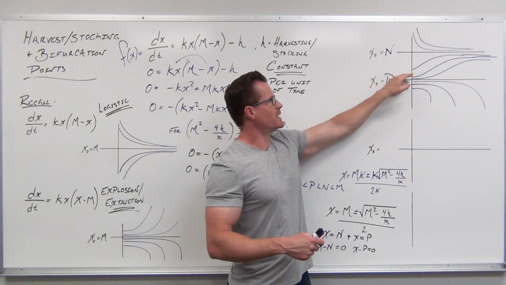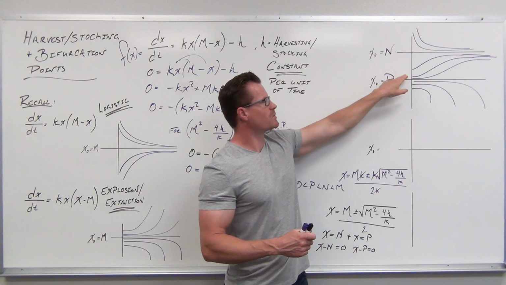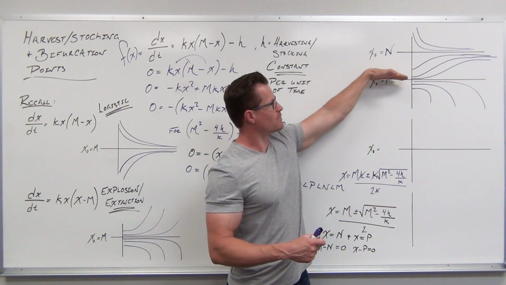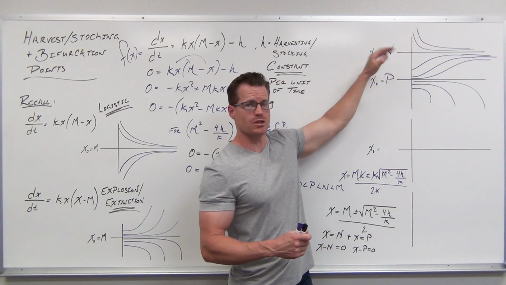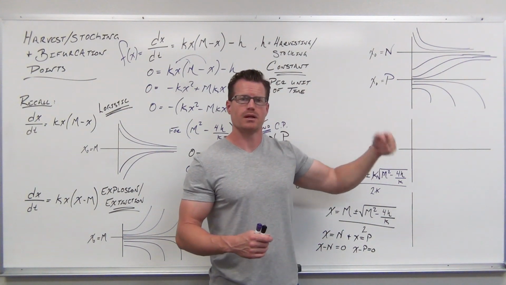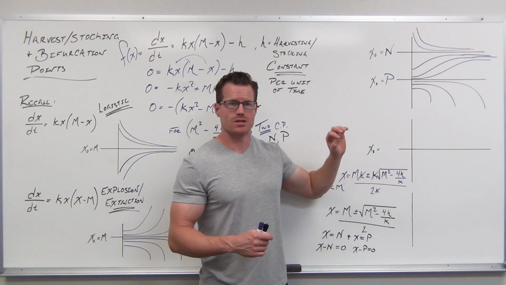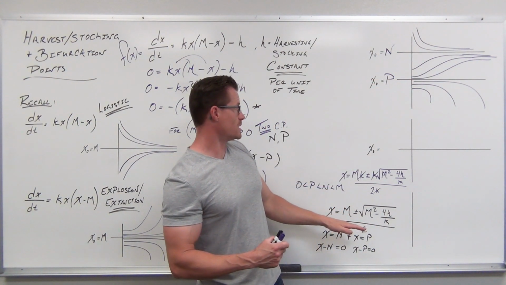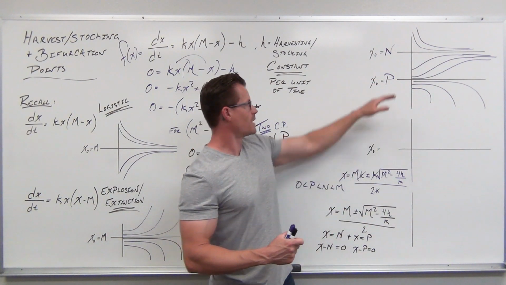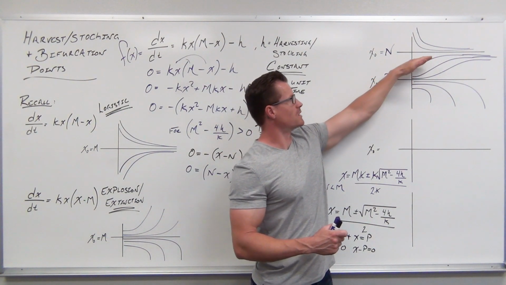If we're between p and n, then we have some sort of a threshold where when we're above it, we're going to increase. So we have enough of a population to start with that it supports the death rate that's happening, and the stocking is going to increase it until we get to n.